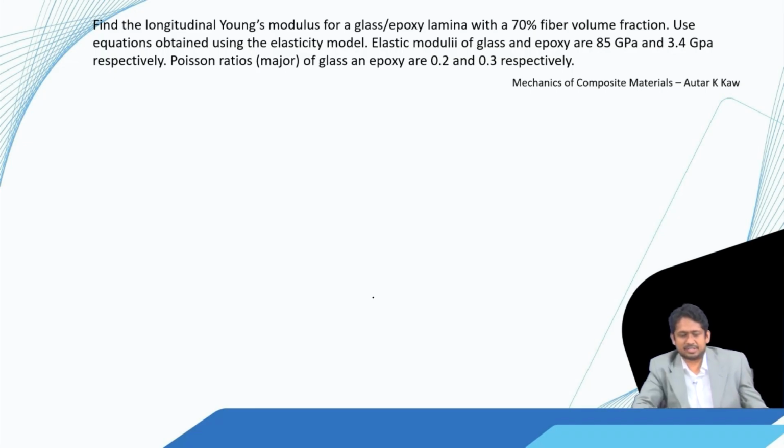Now, the next question is we have to find the longitudinal Young's modulus of a glass epoxy lamina with 70% fiber volume fraction, and we use the equations obtained using the elasticity model. Elastic modulus of glass and epoxy are given to us and Poisson's ratios are given to us.